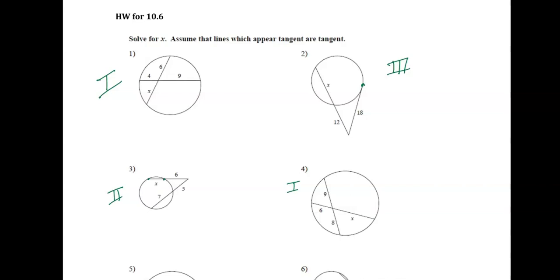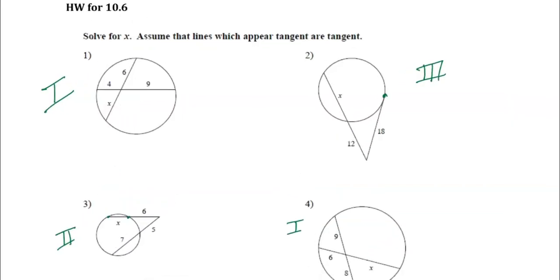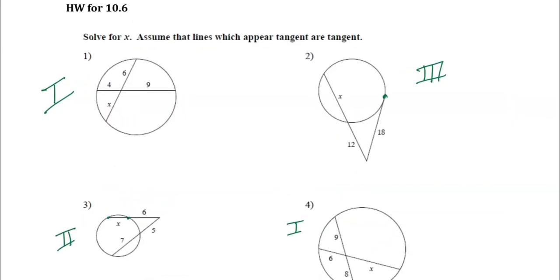So theorem 1 talks about two chords, and if the chords cross each other, what happens, remember we're looking at the chords, not at the angles. So we have this number and this number, so that product has to equal this product.